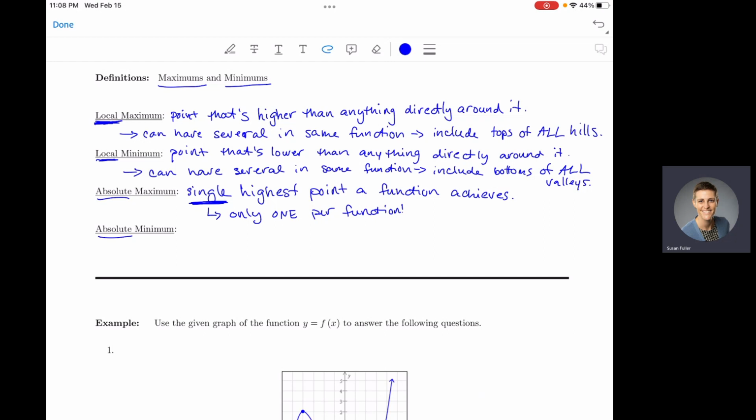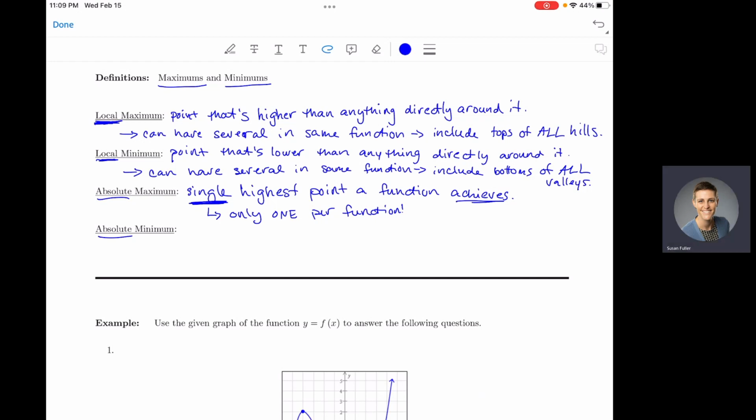Now, something that I want you to make a note of is that the function has to achieve that maximum. There must be a point there that is higher than anything else. We have to hit that high point. There has to be a point there, and it has to be clear that there's a function value there. That's the biggest one.